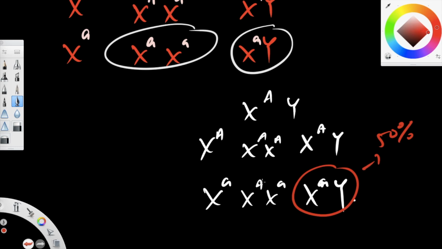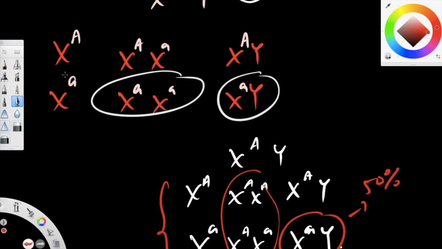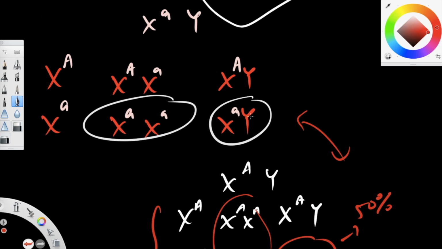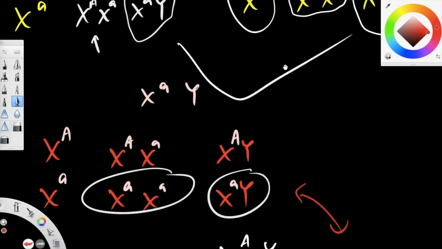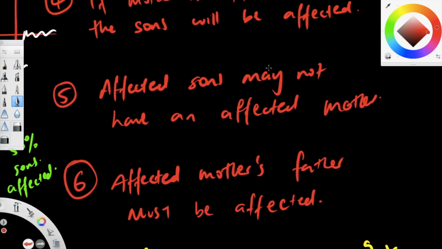Whereas none of the females are affected, and the mother's unaffected. So the mother's unaffected, the father's unaffected, however 50% of the males are affected. Therefore, what's similar between these two cases is that the mother's unaffected, the father could be affected or not, but in each of these cases, 50% of the males are affected, despite the father being affected or unaffected, right? As long as the mother is unaffected.